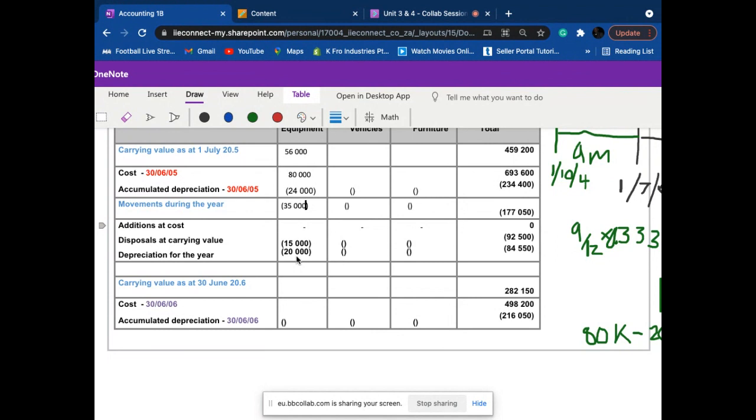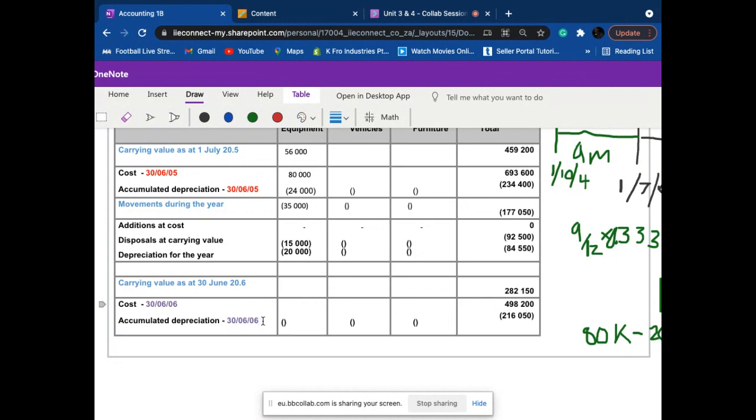Because remember what happens when we sell an asset? We also remove that accumulated depreciation on the asset we disposed of. Does that make sense? So can you see now how your knowledge on depreciation is now coming into play? So then to calculate this, we're saying this 24,000 minus the 5,000 from the asset that we disposed of, and then plus the 20,000 depreciation that we've had.